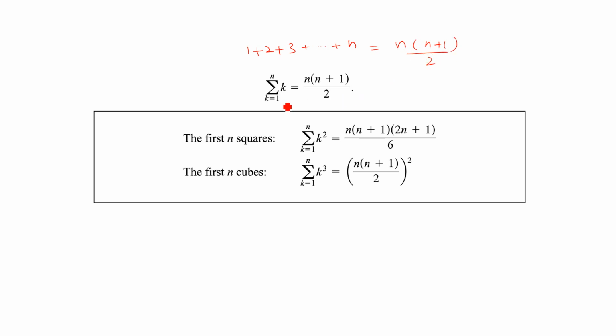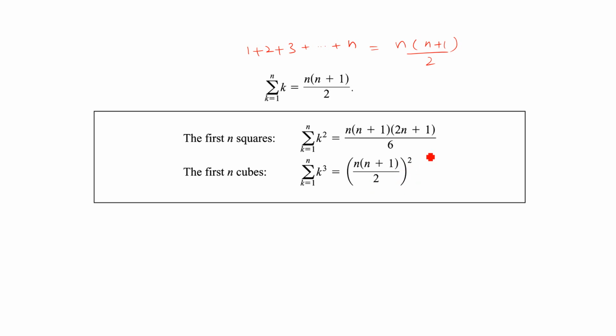So this is the formula. Similarly, sigma k square, that is the first n squares, is n into n plus 1 into 2n plus 1 divided by 6. And these are very important formulas to use in further applications. The first n cubes, similarly sigma k cube, is n into n plus 1 over 2, whole square.